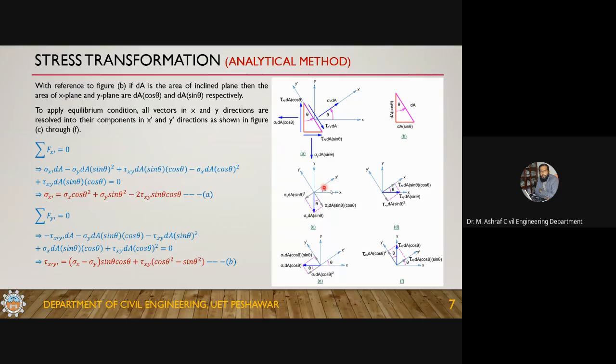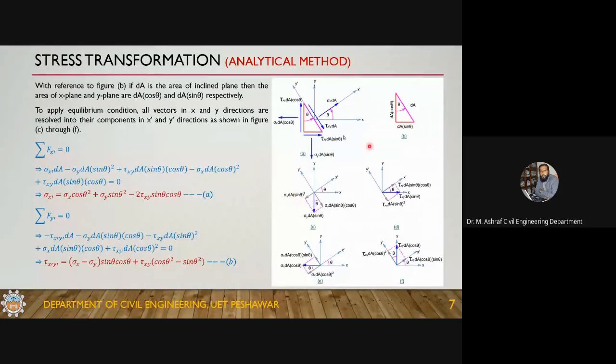This is the sine component, and this is the cos component because it is adjacent to theta. So the components are sigma y dA sine theta into cos theta, and sigma y dA sine theta into sine theta. This component is along the y prime axis and this component is along the x prime axis.